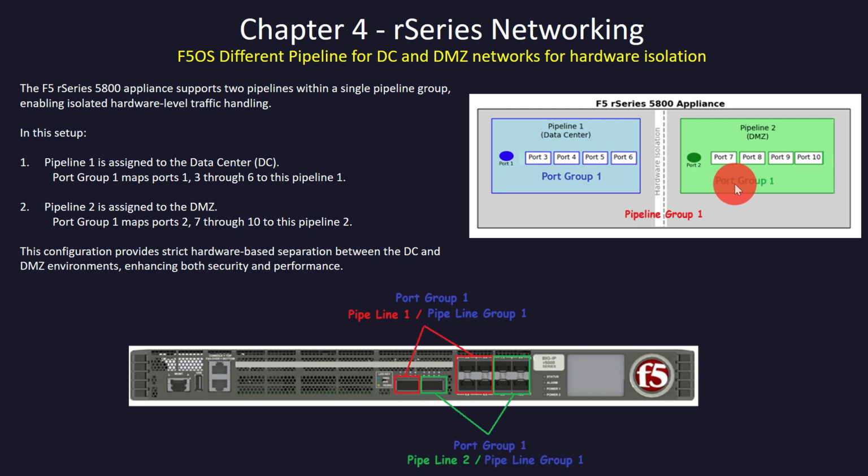Port group 1 maps ports 2 and 7 through 10 to this pipeline. This configuration provides strict hardware-based separation between the DC and DMZ environments, which enhances both security and performance.